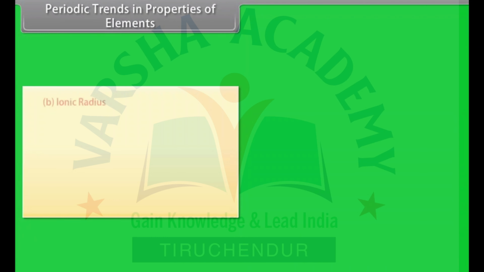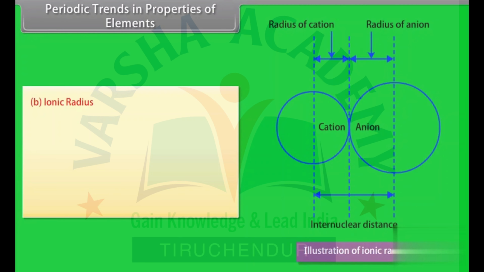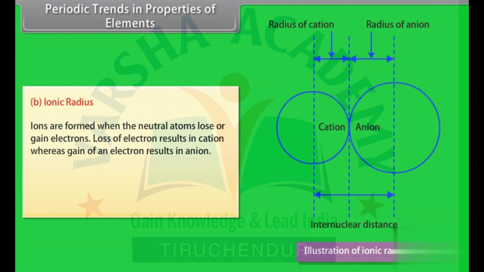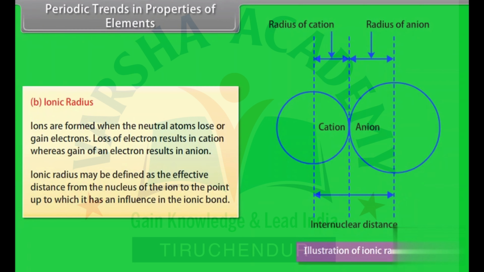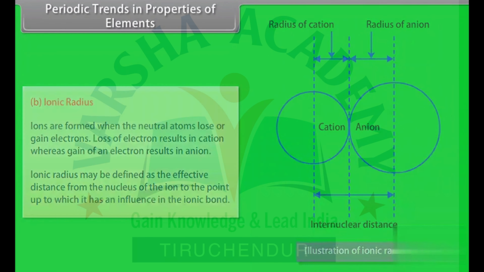B. Ionic radius. Ions are formed when neutral atoms lose or gain electrons. Loss of electron results in cation, whereas gain of an electron results in anion. Ionic radius may be defined as the effective distance from the nucleus of the ion to the point up to which it has an influence in the ionic bond.